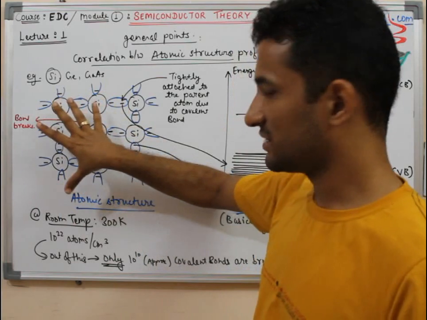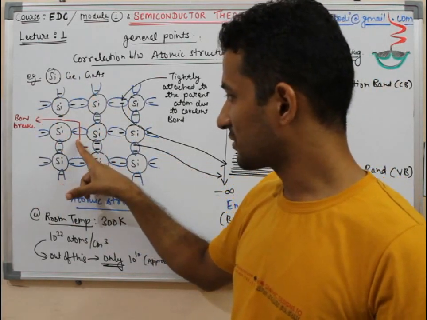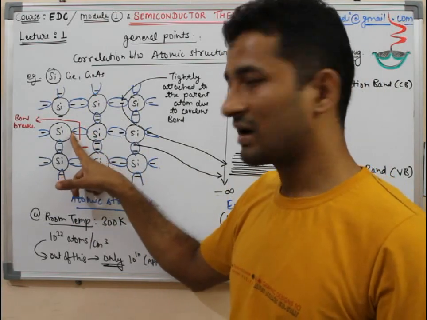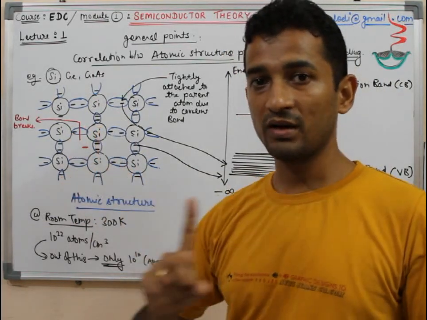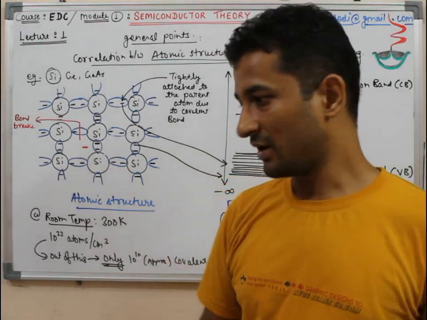If some thermal energy is absorbed at this local region and this covalent bond gets broken, then maybe this side electron will get free, or this side. Only if one covalent bond breaks, only one electron gets free.